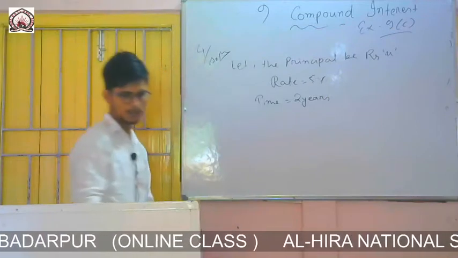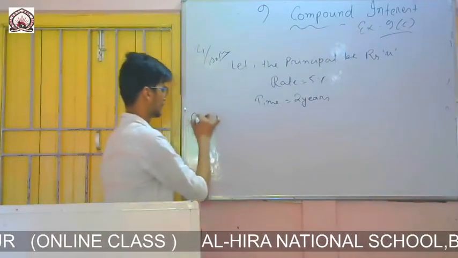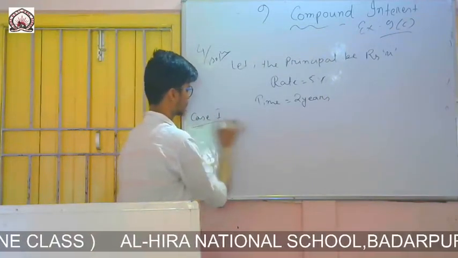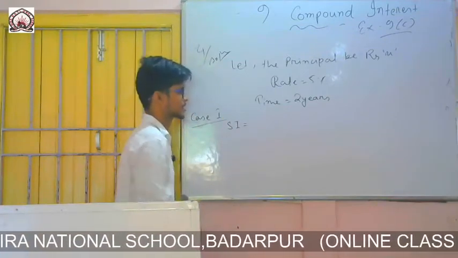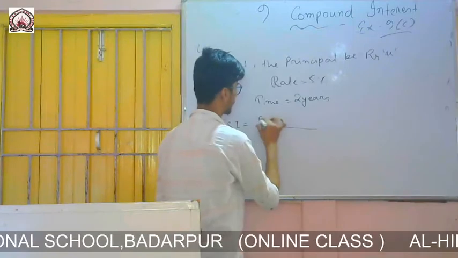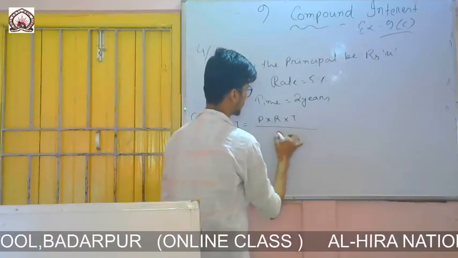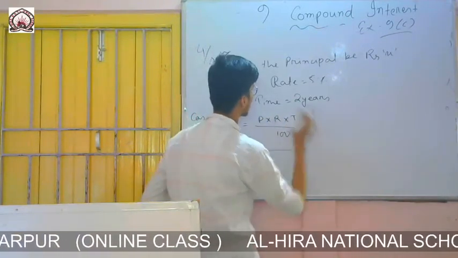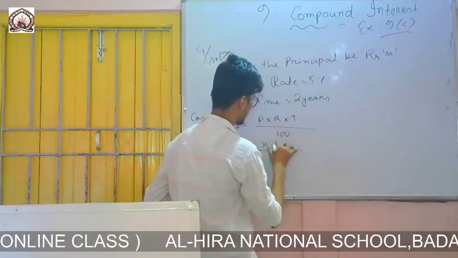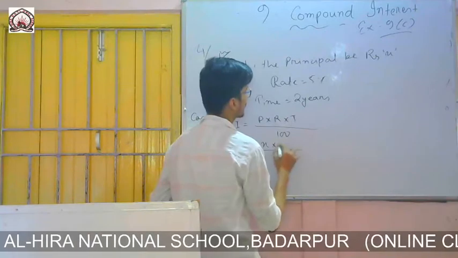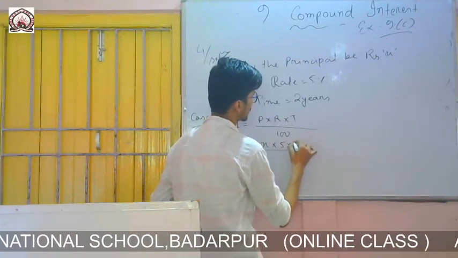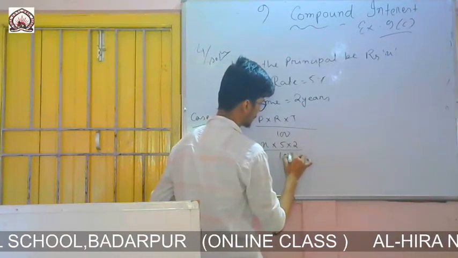So first of all we will find SI. Case 1: SI, that means simple interest, equals, we know the formula, PRT by 100. Here principal is x, rate is 5, time is 2 years, divided by 100.